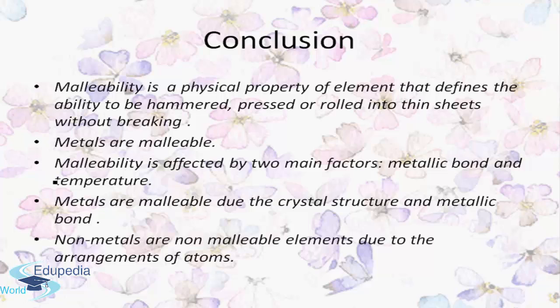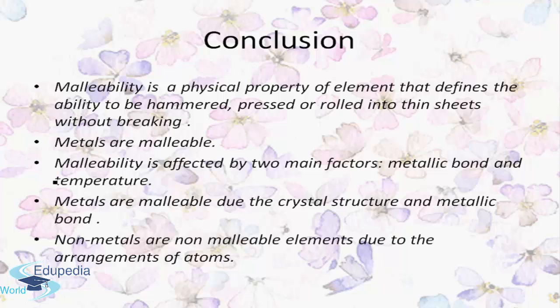So here we conclude the session with the malleability property. The first conclusion we make is that malleability is a physical property of an element that defines the ability to be hammered, pressed, or rolled into thin sheets without breaking. Second, metals are malleable. The malleability is affected by two main factors, that is metallic bond and temperature.